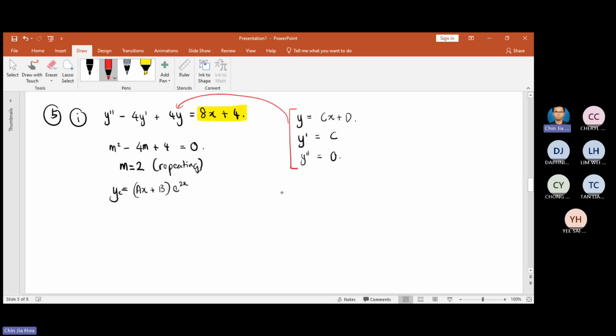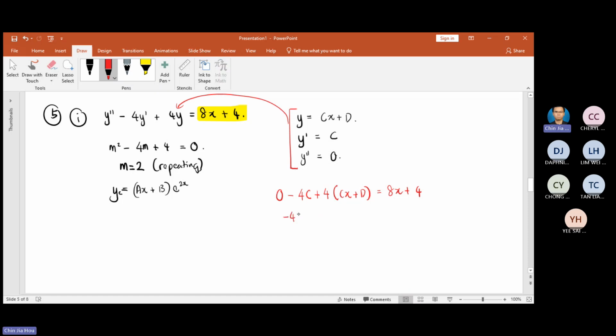We have 0 minus 4 times y prime, which is c, plus 4 times (cx plus d) equals 8x plus 4. Then you need to compare left and right. At this stage, please do not move any terms from the left to the right. Too late to do so. Okay?